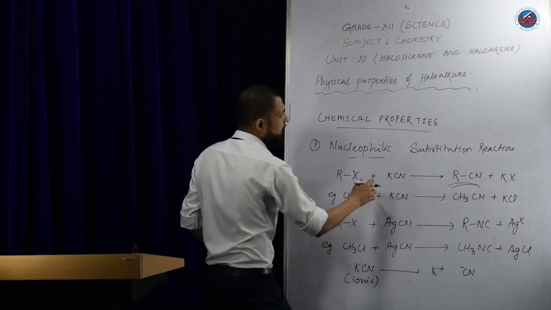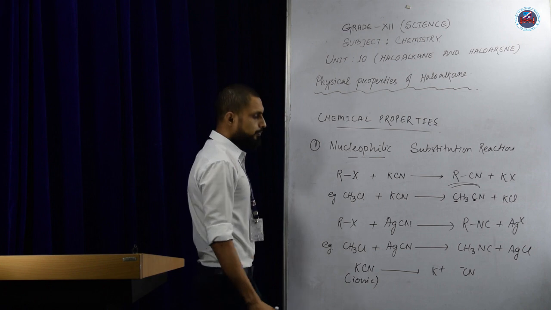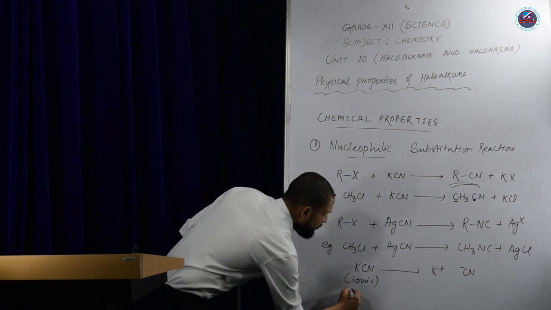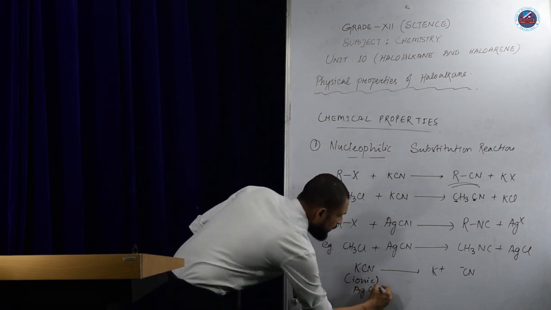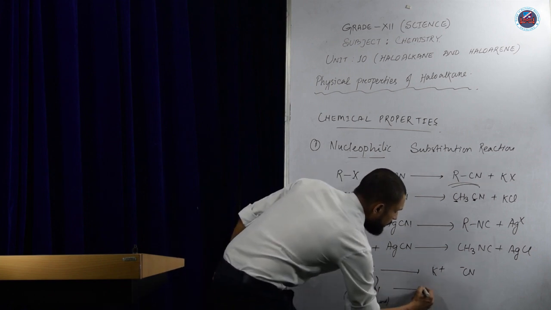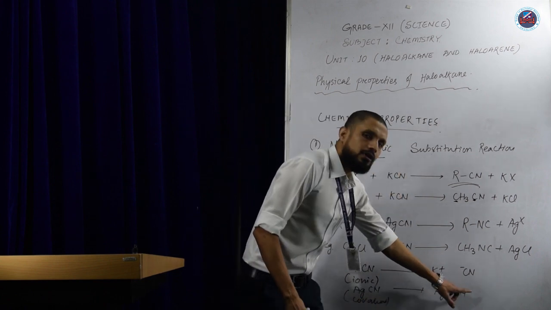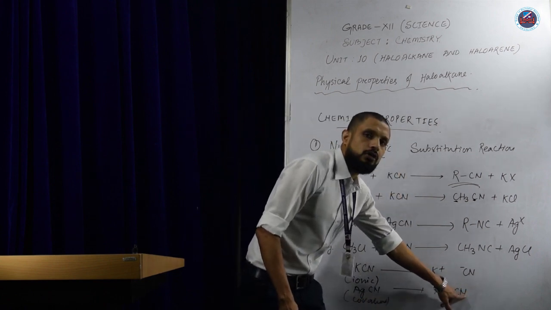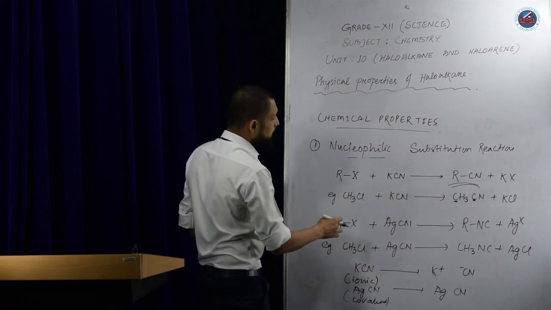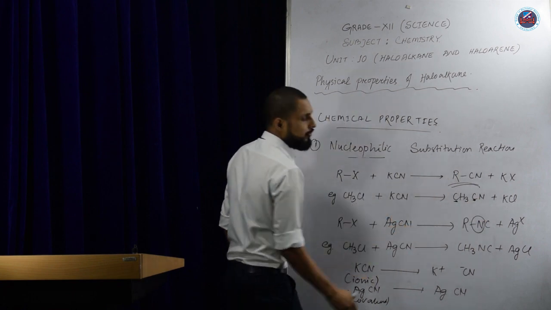So in the first case, carbon forms a bond with the alkyl group. Whereas in the second case, when we take AgCN, AgCN is covalent in nature. So it will not give ions, and if there is no charge, nitrogen is a better donor. So that's why in the second case, the bond is formed by the nitrogen atom.